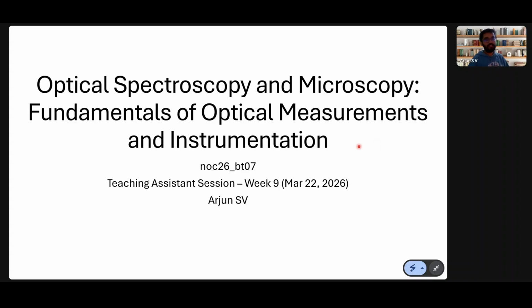For the past 8 weeks, we have been slowly studying light and how to apply light in lasers as well as in microscopy. In the initial weeks, we studied how light behaves using quantum mechanical processes, establishing the concepts of absorbance and fluorescence through quantum mechanics.